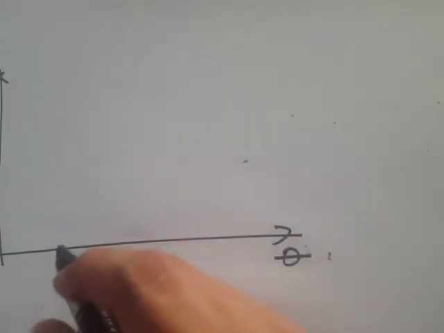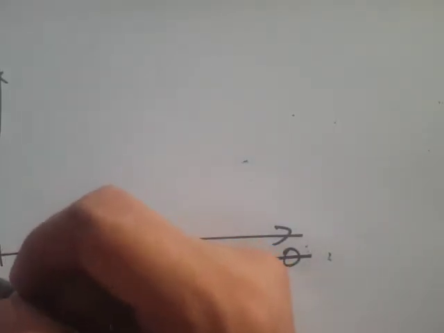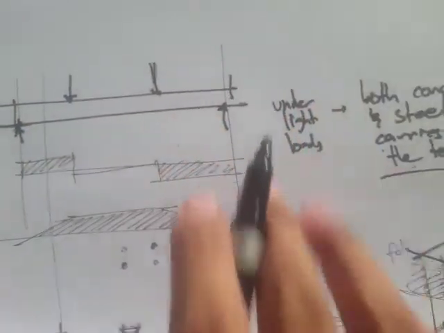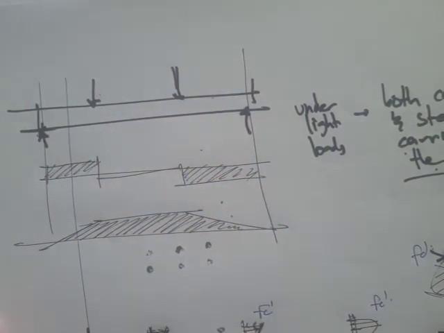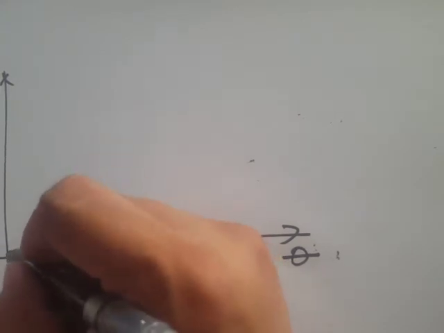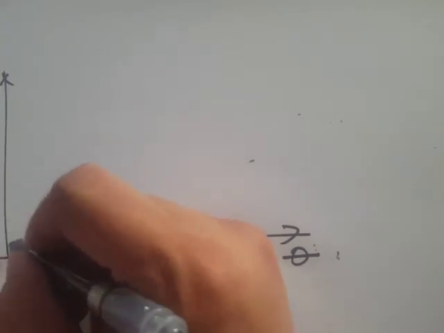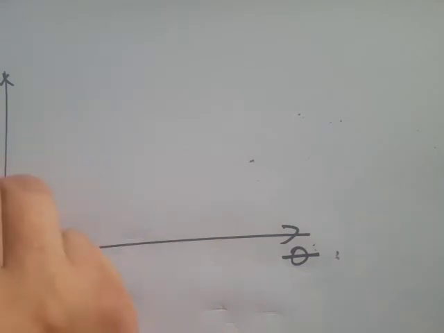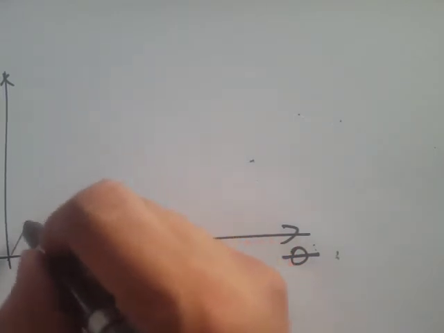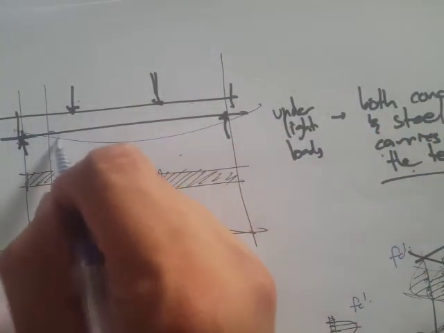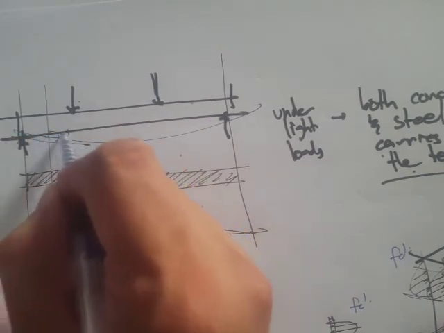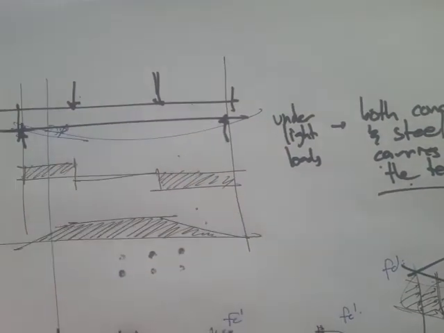Looking back at this two-point loading, if we put a load on the beam, then we have a relationship between this moment and this curvature. Recall that curvature is something like this, slope.